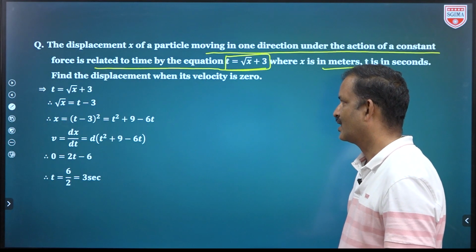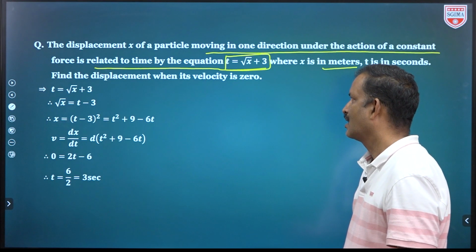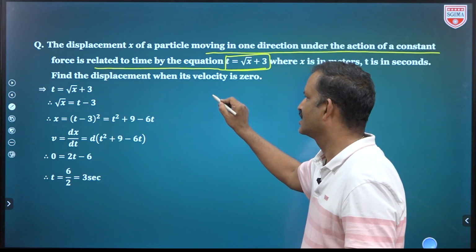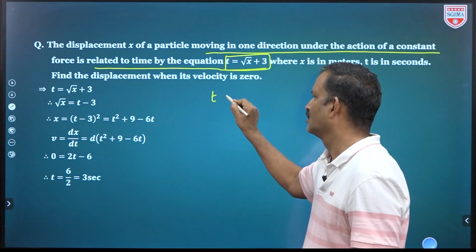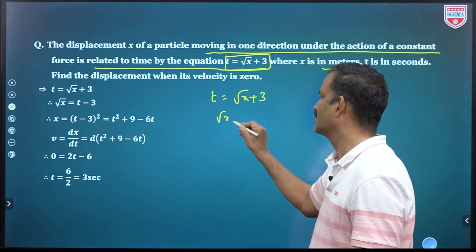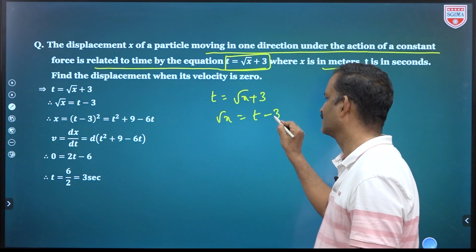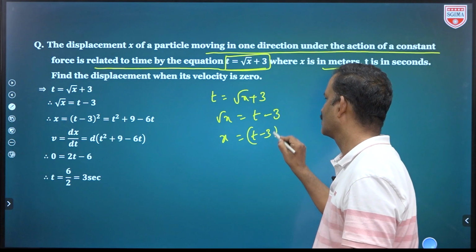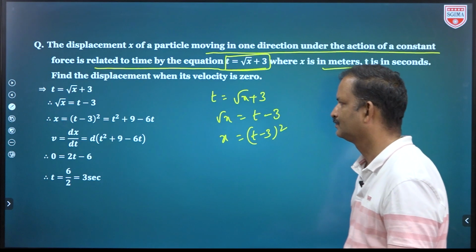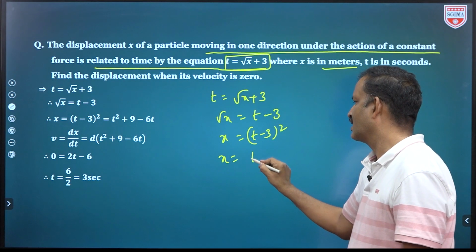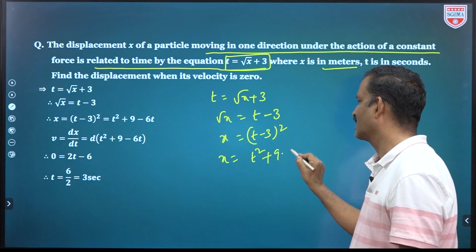So, velocity you have to find out and make it 0, then you will get the time. First, t is equal to root x plus 3. Root x is equal to t minus 3. X is equal to t minus 3 whole square, squaring both sides. So, x is equal to t square plus 9 minus 6t.